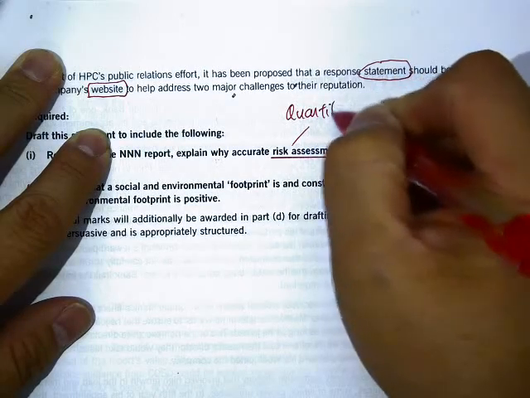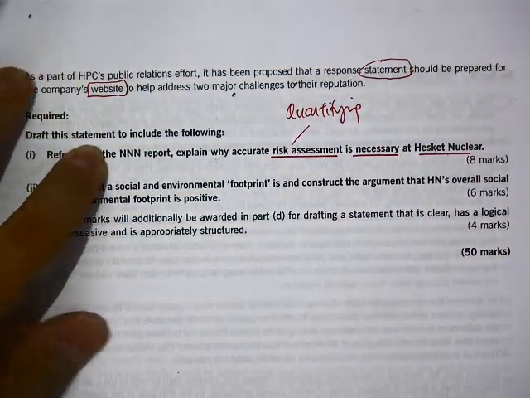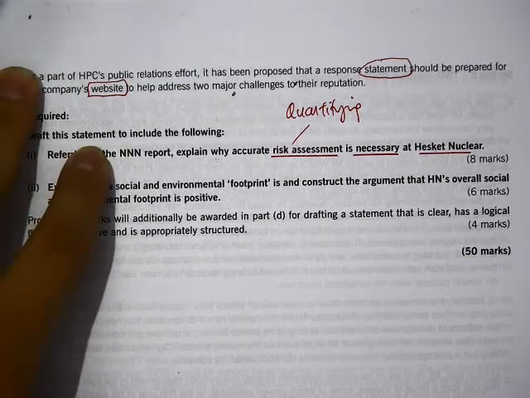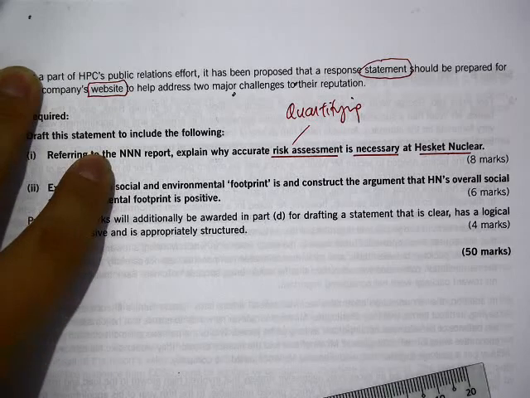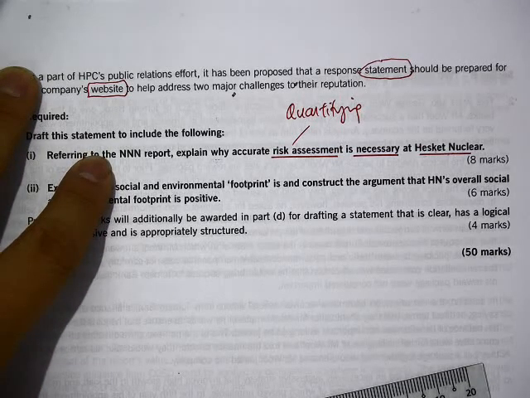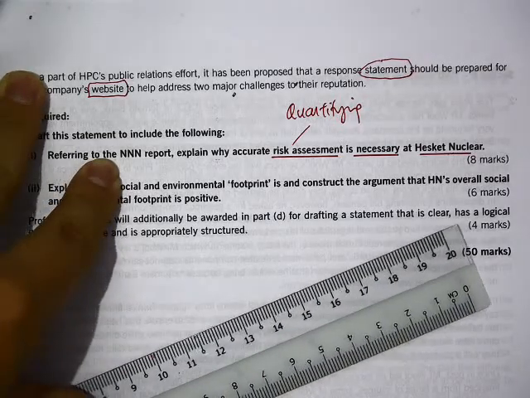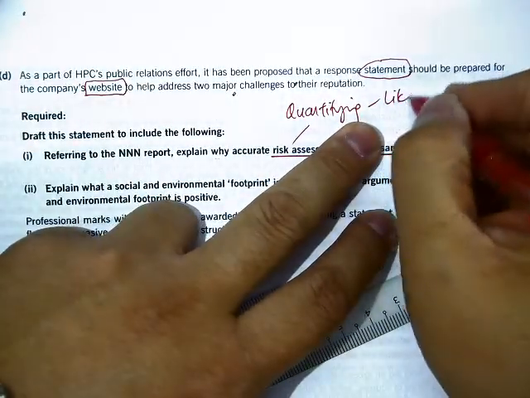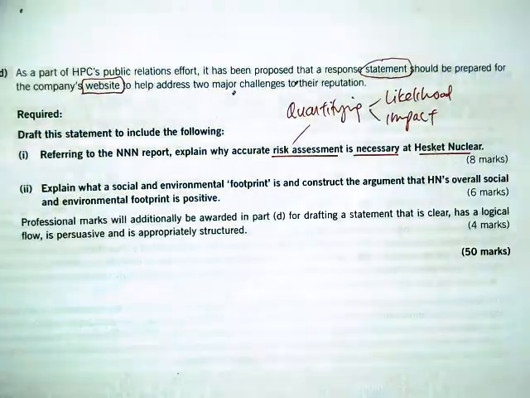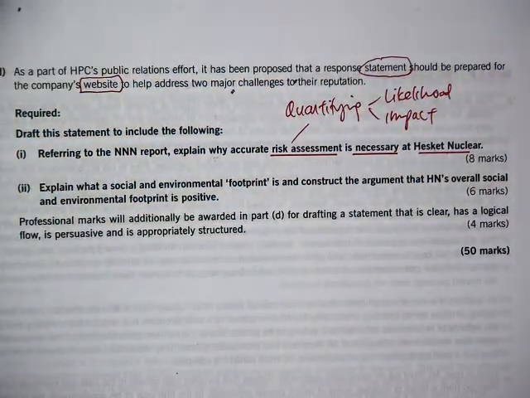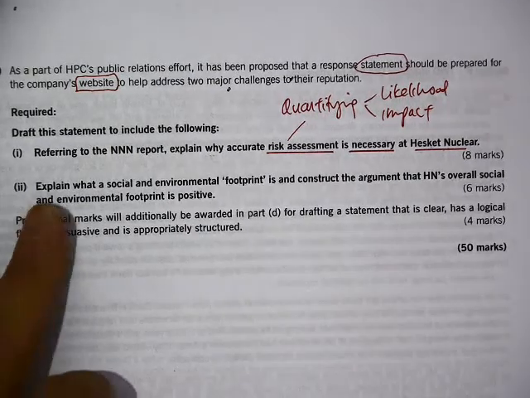And then briefly, how would this differ if HPC was a company with private shareholders? So I believe maybe HPC is not a company with private shareholders, because they ask you how would this be different if this company has private shareholders. Again, we don't know. Read on later. Then the last requirement, D.